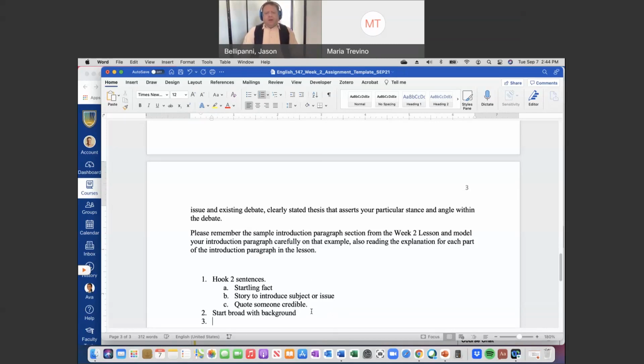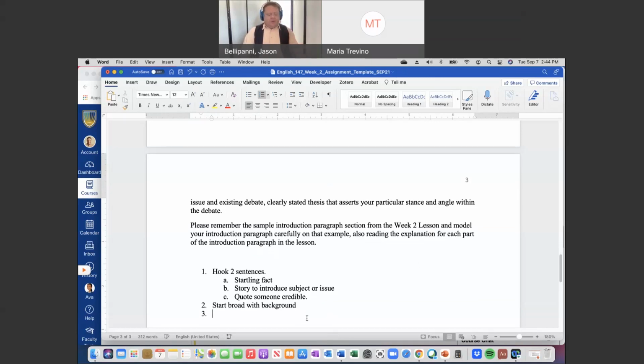So you start broad, you give a little background of the situation, and then the last sentence or two is the thesis statement. And hopefully, three supporting arguments. And you can do that in 2 sentences if that helps.